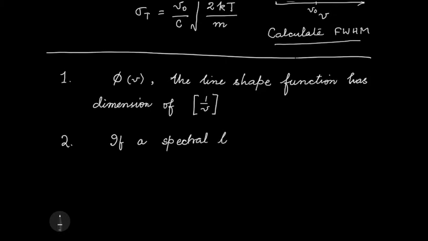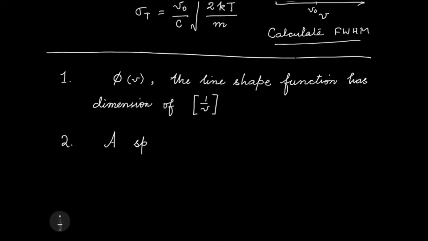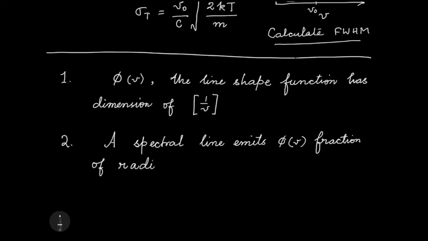Number two is that a spectral line emits a finite fraction of radiation per unit frequency near nu.